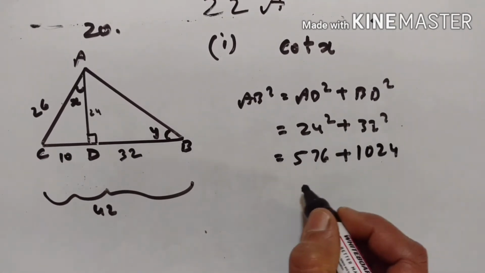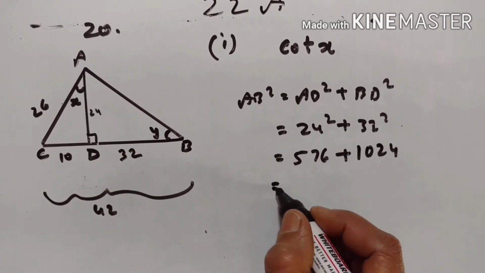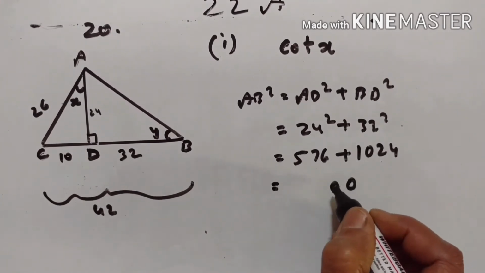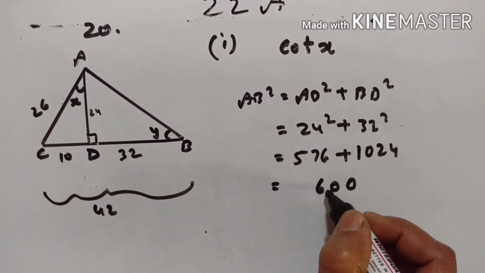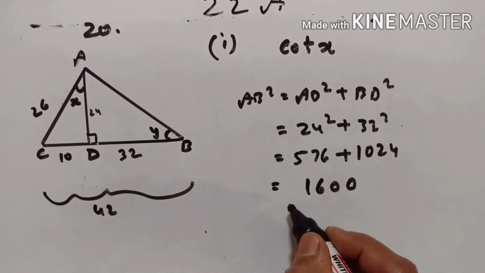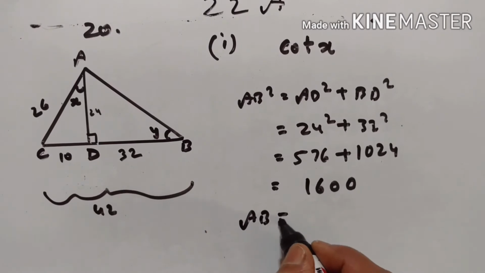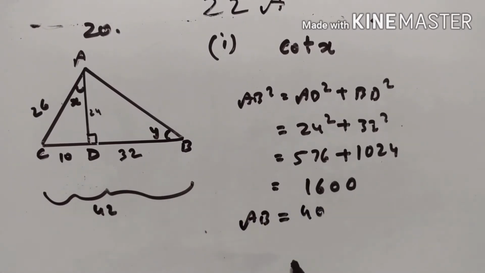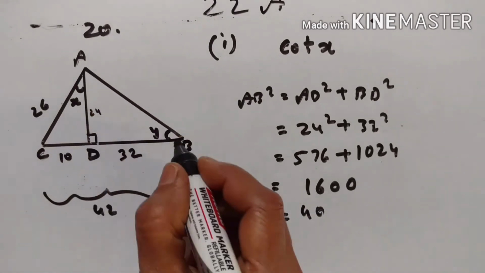So 1024 plus 576 is equal to 1600. So AB is equal to 40.